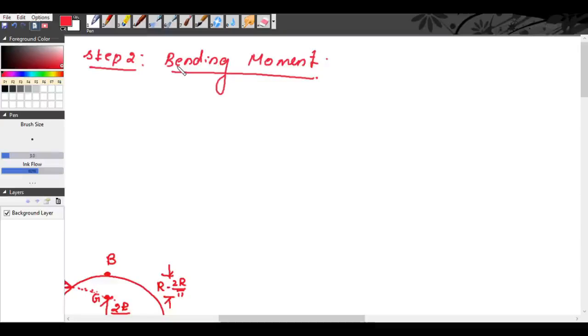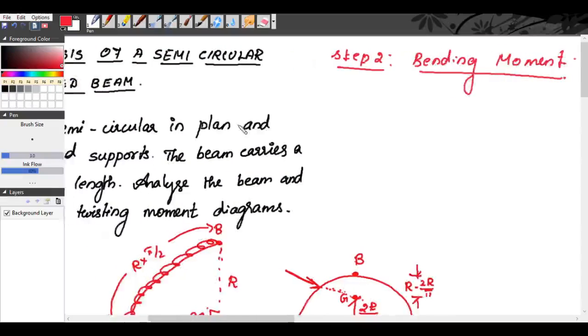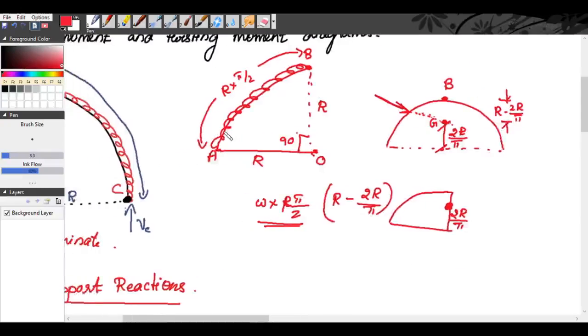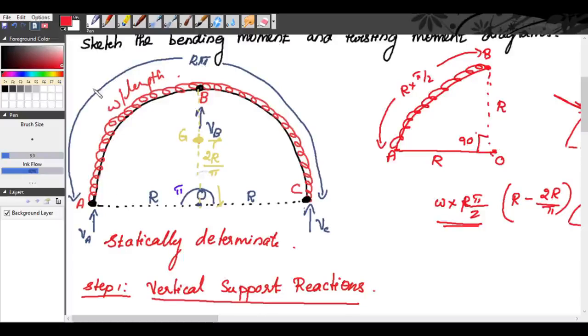For finding the bending moment, we will consider a section X making an angle of theta with OA. So we will take this half, that is ABO. We will consider this portion ABO.